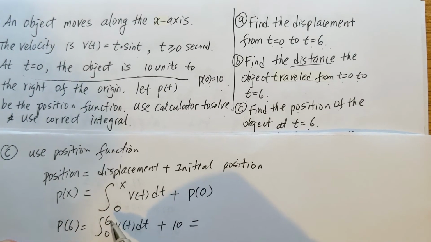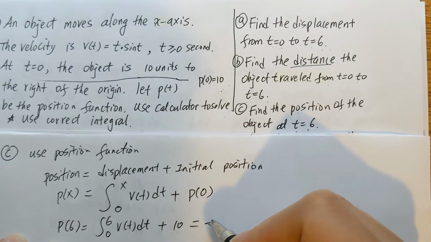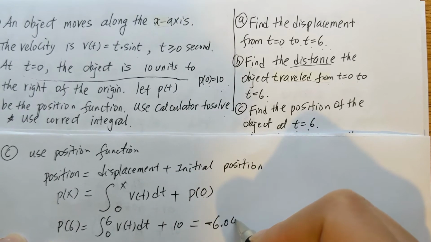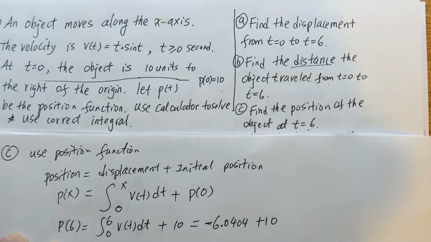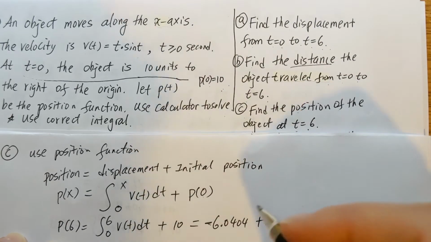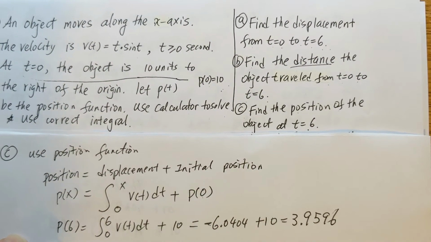Integral 0 to 6 v of t dt, we found it in the beginning, so we just write in the same number, negative 6.0404, and then plus 10. So now we use our calculator. Negative 6.0404 plus 10. So we got 3.9596.